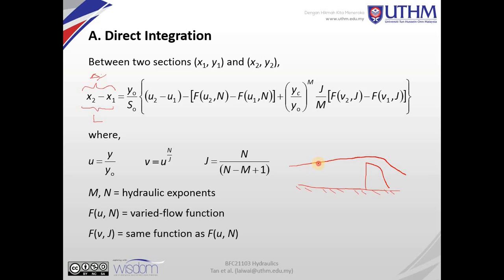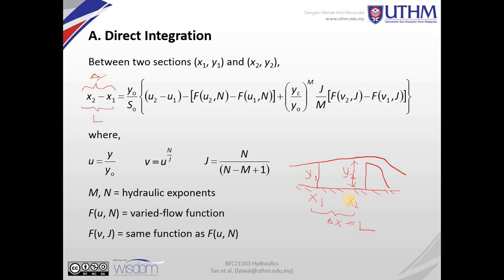So this is the GVF depth at location y1, and this is the GVF depth at location y2. So the distance between these two, this is at point x1 and this one is at point x2. So the distance between these two is delta x, or in other words it is equal to capital L, the length of the GVF profile.